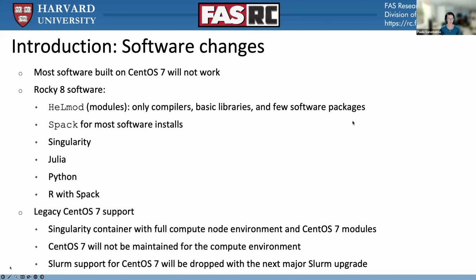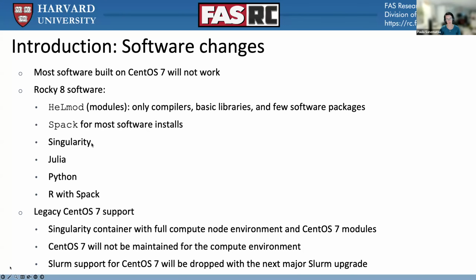The reason for going away with a lot of the modules was because it was not sustainable for us to maintain thousands of packages. We had more than 6,000 modules. It's just unsustainable.